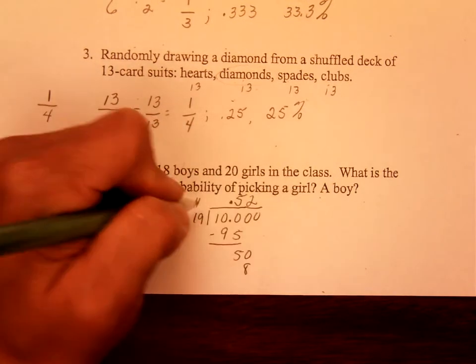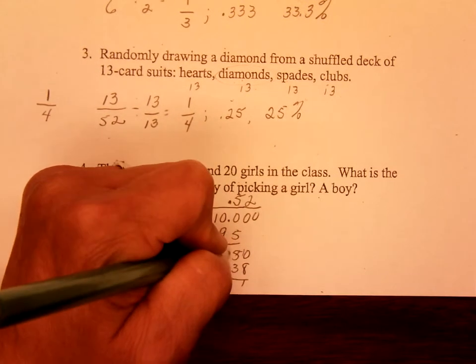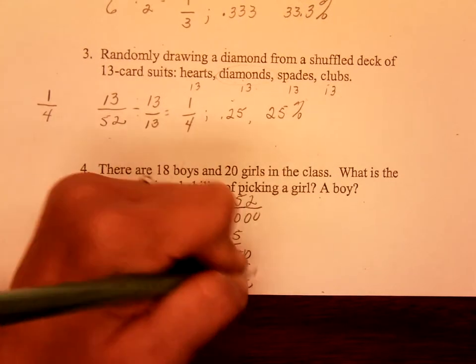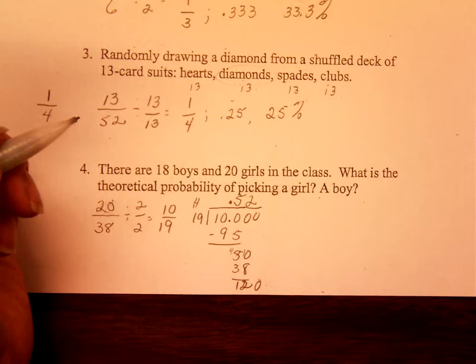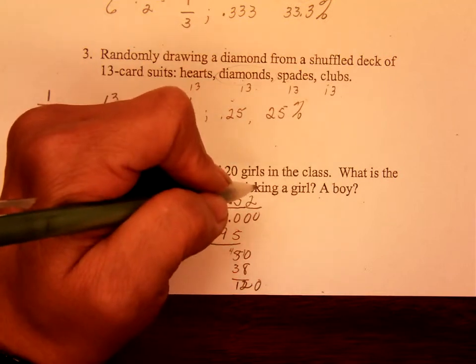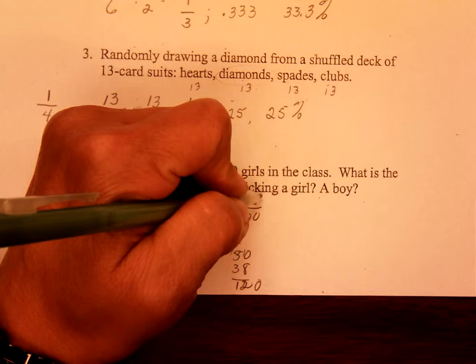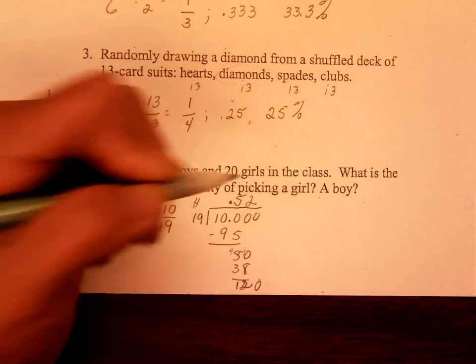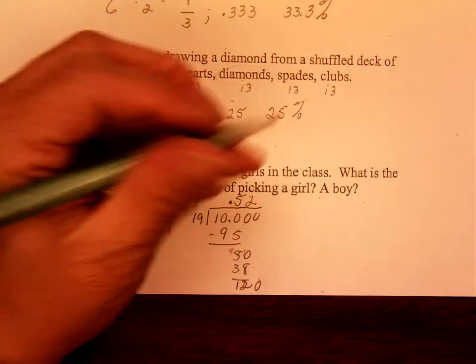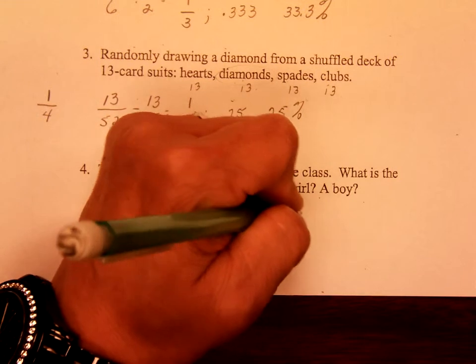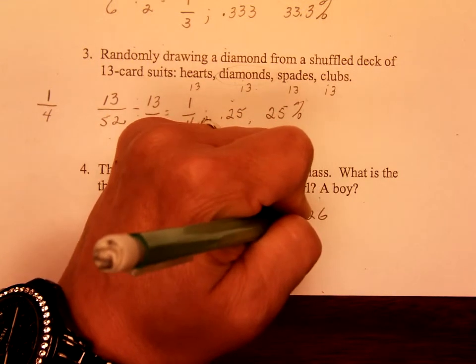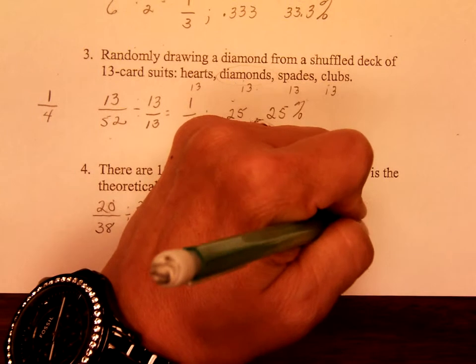Is 38. Is 12. And 19 goes into 120. Let's try 6 times, which would be 114. Okay, so that's your decimal, and to get your percent, 0.526. Move it over 2 places to the right, and you get 52.6%.